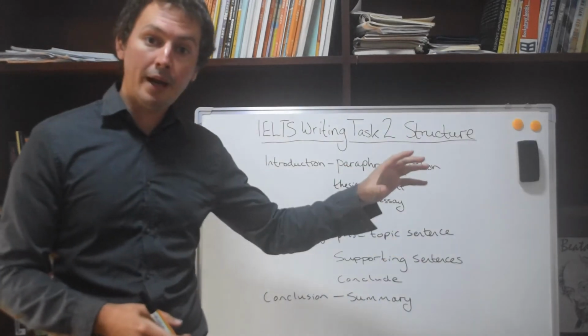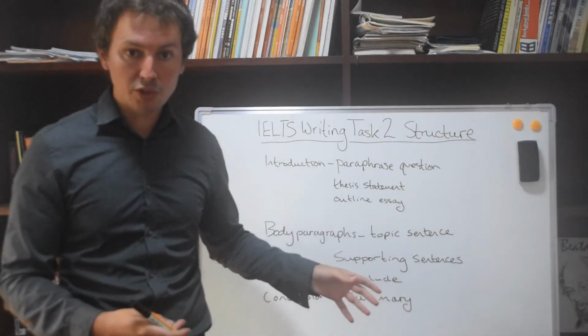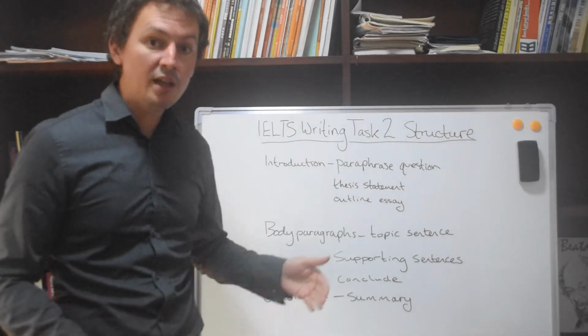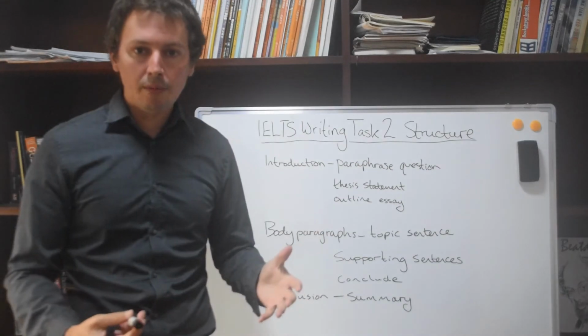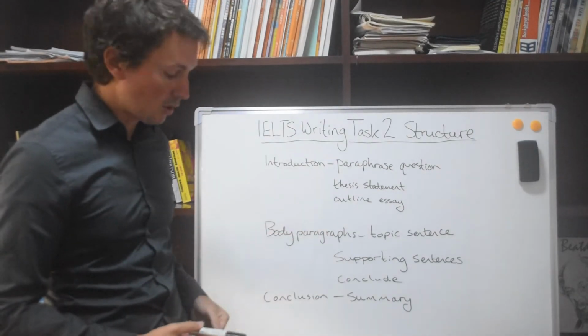Or perhaps one paragraph is problem solution and the next one also problem and solution. Advantages and disadvantages are typically going to be discussed, advantages first and then disadvantages, and so on. But nonetheless, you can use a 2-body paragraph structure.